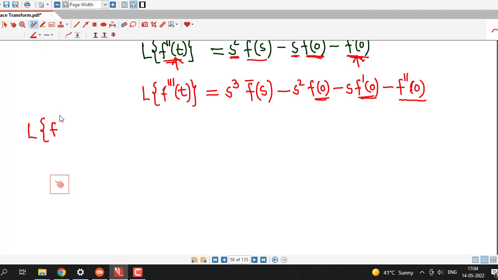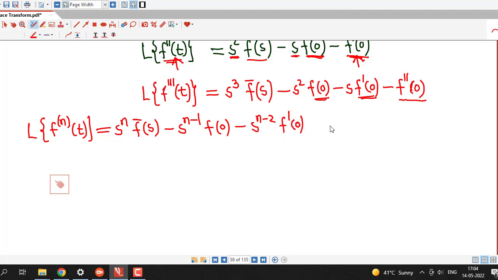Suppose we want to write down the formula for the Laplace transform of the nth derivative, then we will start with the nth power of s multiplied with the Laplace transform of f, minus, decrease the power of s to s raised to n minus 1, start with the value of f at 0, then again decrease the power of s to n minus 2, then the first derivative at 0, next term is s raised to n minus 3, the second derivative at 0, and so on.